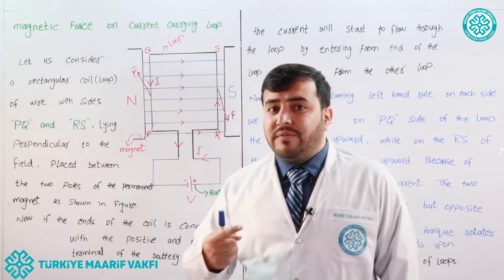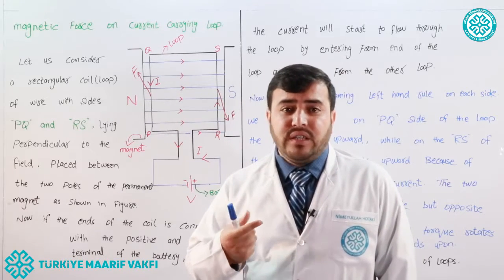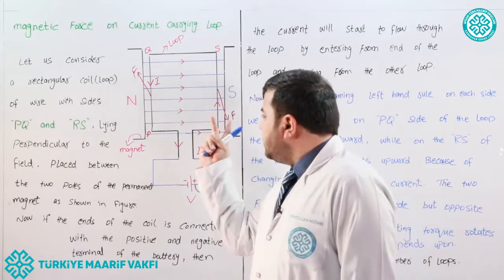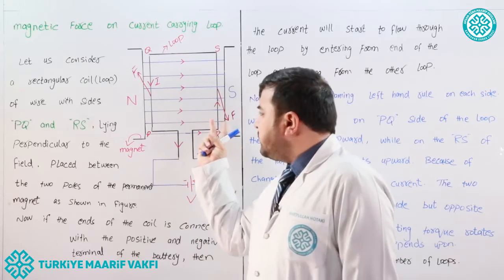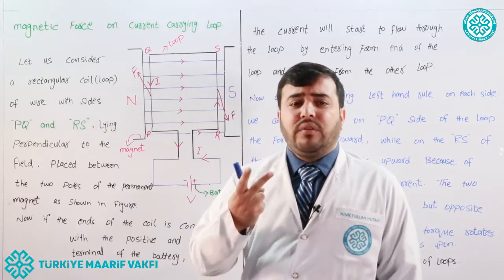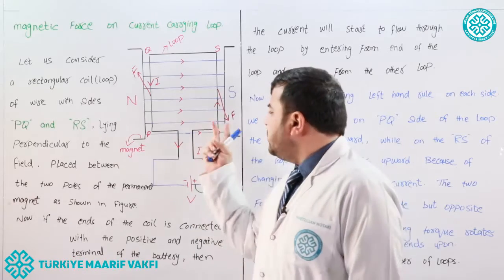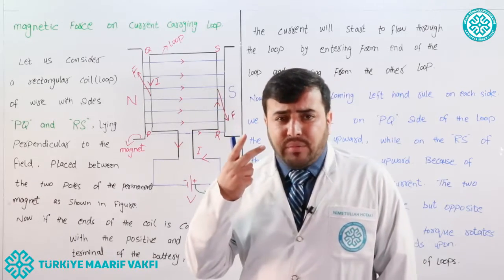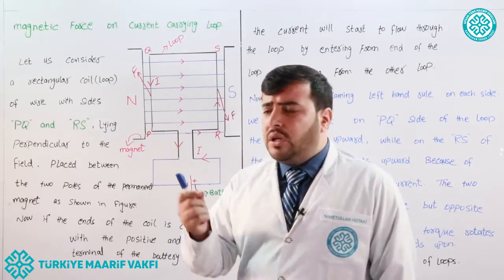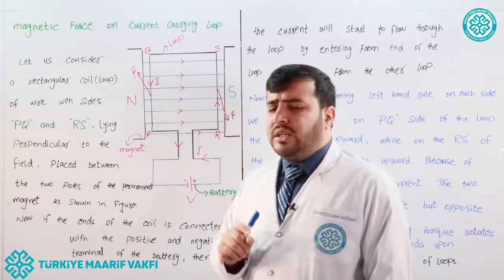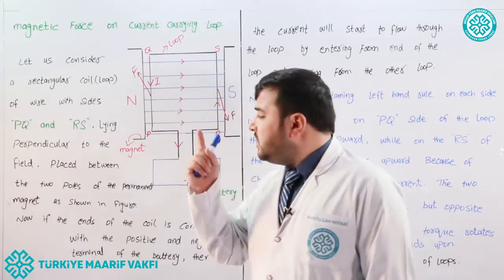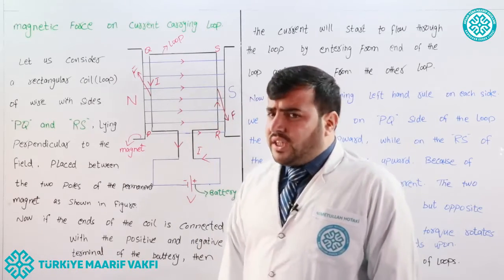We will apply Fleming's left hand rule to find the direction of the force, because this is a wire placed in the magnetic field and the force will be exerted on this wire. So by applying Fleming's left hand rule, we will find the direction of the magnetic force acting on this wire.